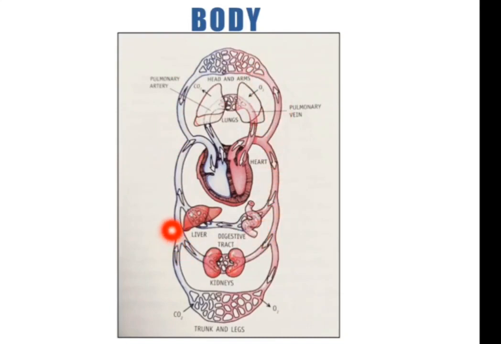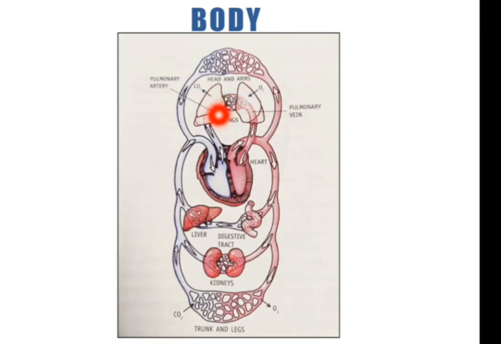So I have already told you, the vein will carry the blood towards the heart, and the deoxygenated blood which is coming out from the various organs will fall into this auricle, that is the right auricle. Then because of the contraction, it will go inside this right ventricle, and then because of the contraction of the ventricle, it will go into the lung region, where the exchange of carbon dioxide and oxygen takes place.